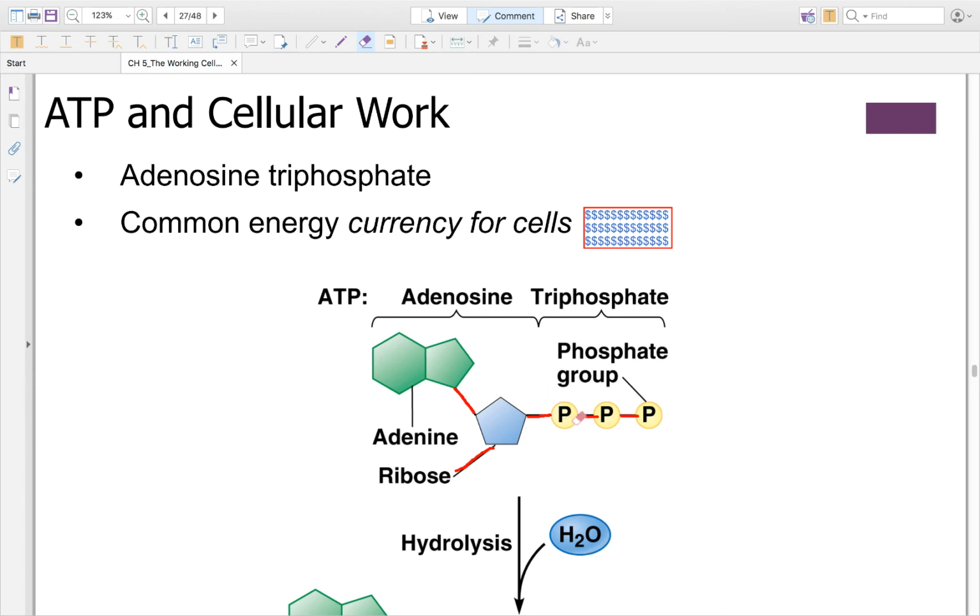There's only 1 phosphate there. But either way, they're similar. So this is adenosine triphosphate. Tri, T-R-I, means 3, a very good thing to know. Di, D-I, means 2. Sometimes they'll put bi, and that means 2 as well.